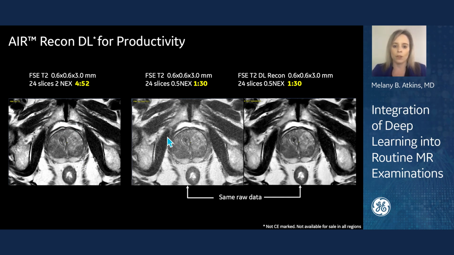In the middle, we have a much lower resolution half-nex acquisition, same slice thickness, that was 1 minute 30 seconds. These are the same raw data. When we utilize DL Recon, the noise is significantly reduced. And I would say that this image on the far right is equal to or arguably improved from the conventional reconstruction, which took almost 5 minutes.